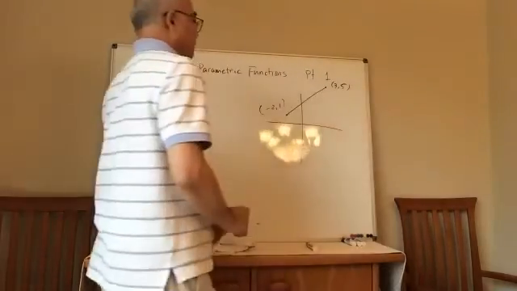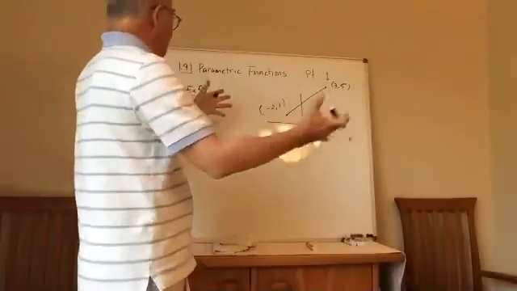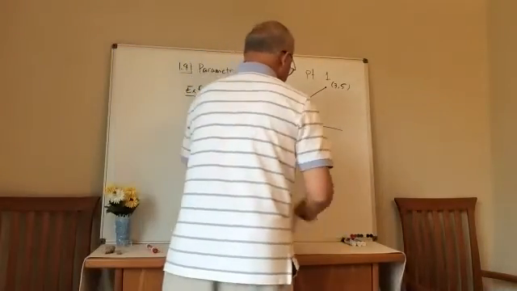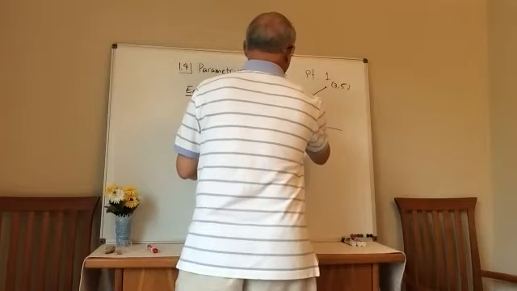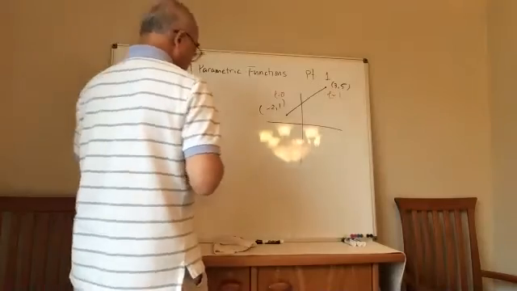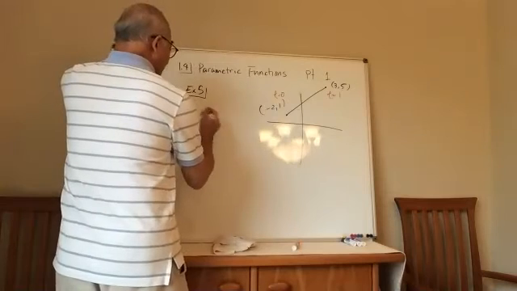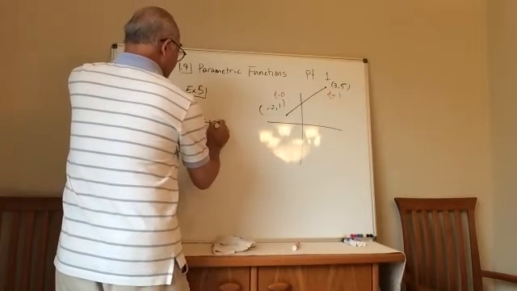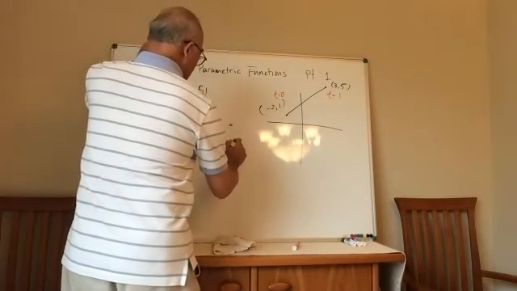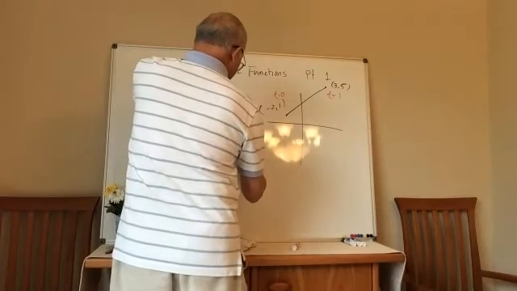Let's think about what we did in example number 4. We're going to set this first point as t is equal to 0, and this other point as t is equal to 1. So we have -2 and 1, which is equal to something t and something t.